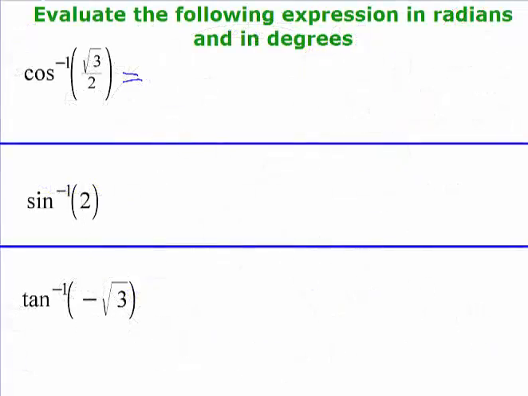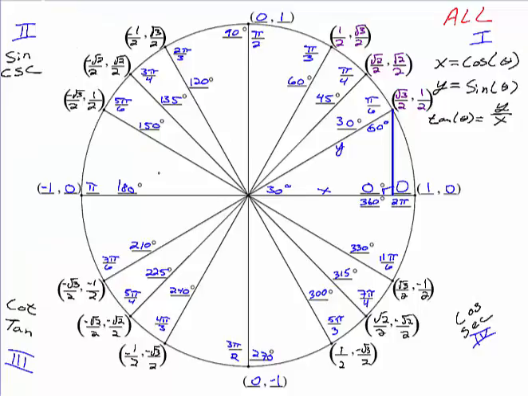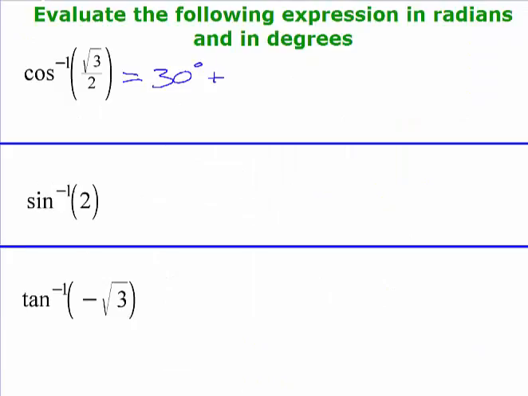The answer to this is going to be 30 degrees plus, is there anywhere else up here where I have an x-coordinate of square root of 3 over 2? 330 degrees, right? Okay, so we're going to get two answers here. So I'm at 30 degrees, but do I know how many rotations I'm going to make to get to 30 degrees?